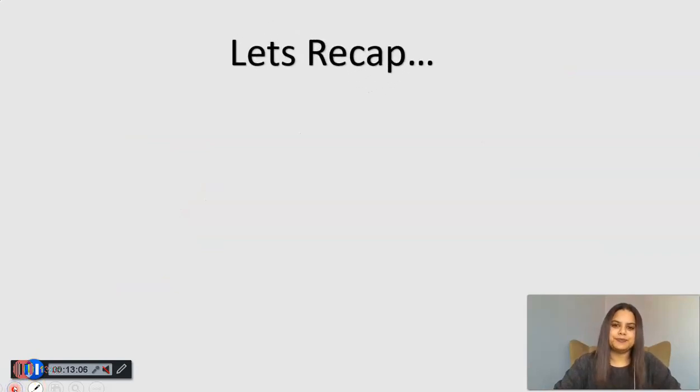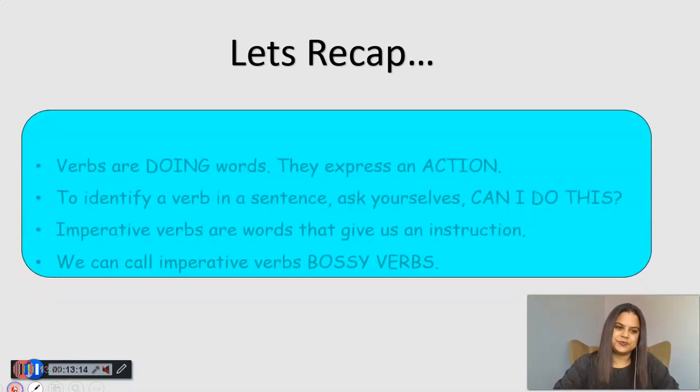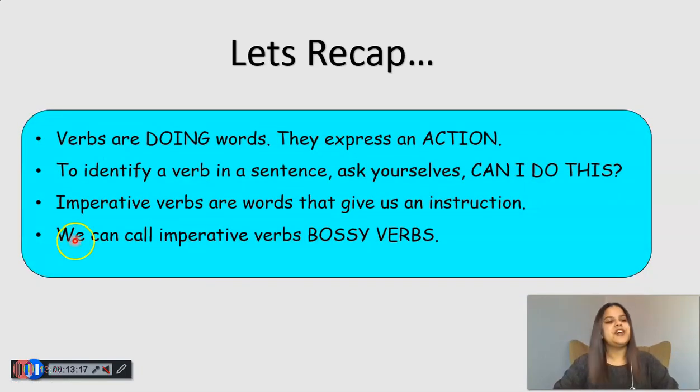Let's recap. So now we're going to go through the entire lesson one more time just so that you can get it. The first thing we're going to speak about is that verbs are doing words. They express an action like jump, talk, walk, laugh, smile.